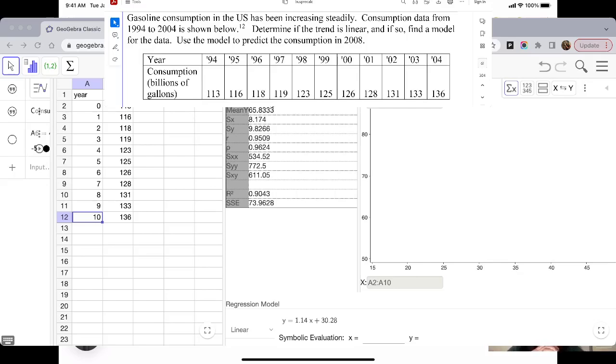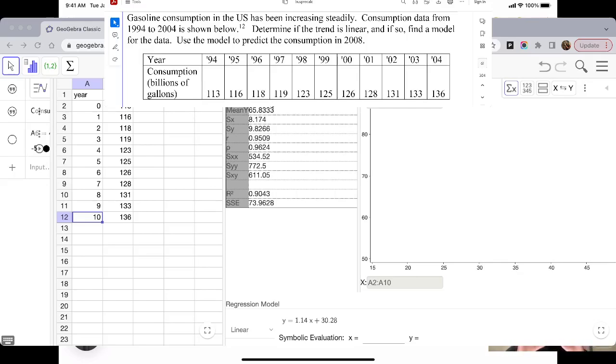If you take a look, you may notice that instead of typing in 1994, 1995, 1996, 97, I use 0, 1, 2, 3, 4, 5, 6 to 10 to represent the years that they recorded. Why do I do that? Because if you use 1994 and then 04, the data they put on the x-axis will go 1994, 1995, 1996, all the way to the right, and after you hit 99, it will go back to the origin, to the left, to 00, 01, 02.